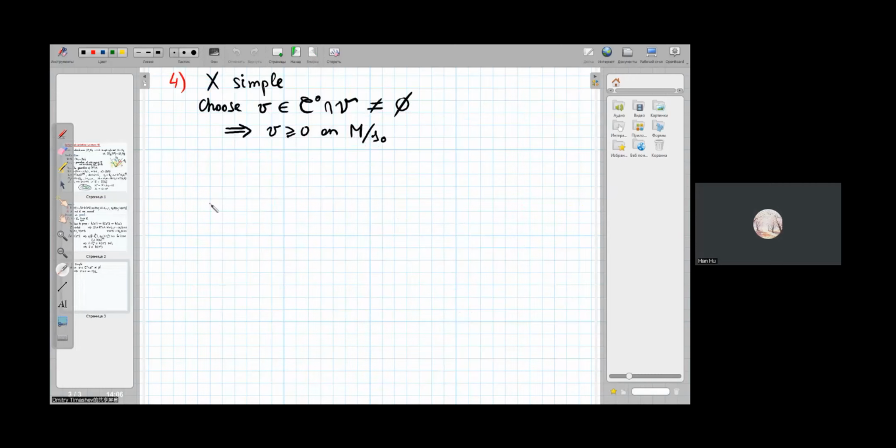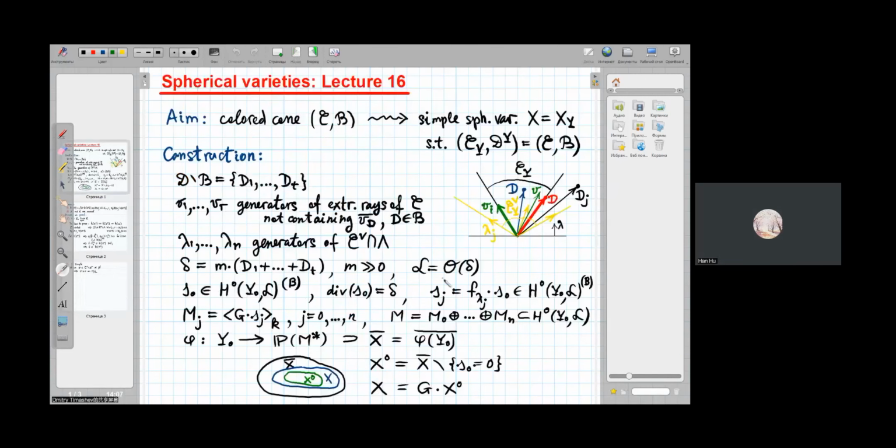So in fact, the argument is exactly, yeah. So I mean, we know that the value of V at Sj is positive, right? No, we don't know that the value of V on Sj is positive, because so far the value of it on f lambda j is positive. Oh, so it is positive.